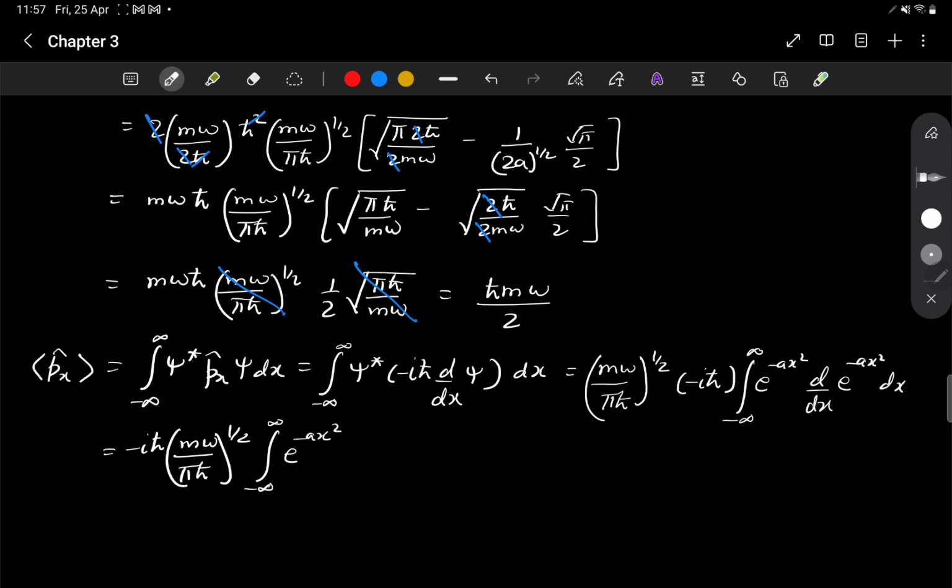Now the derivative, making use of the chain rule. Taking the constant out.